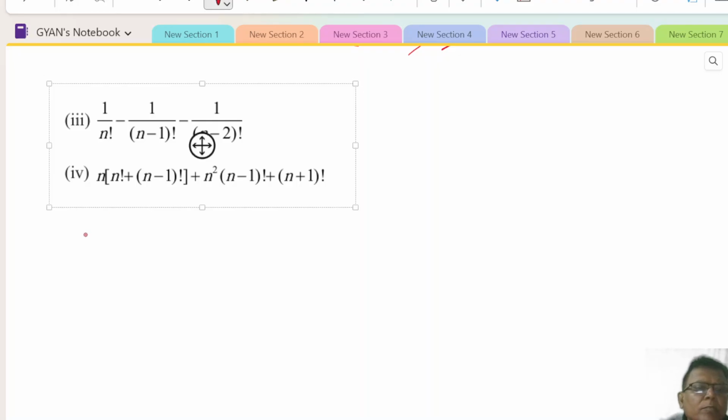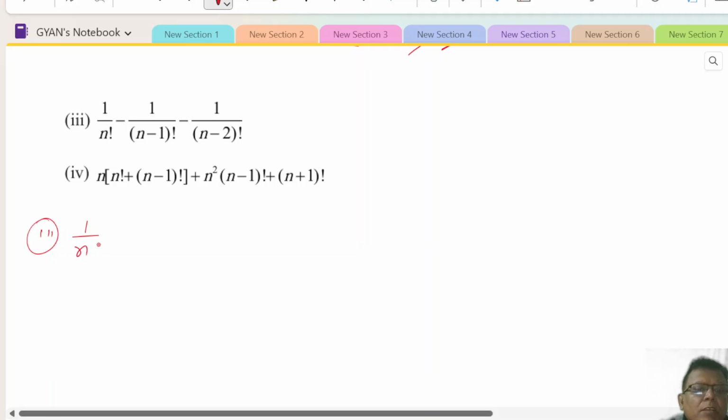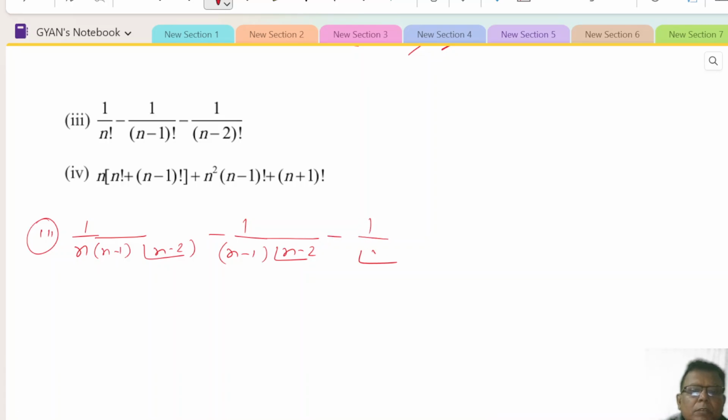Now we will solve a few more questions. We can write factorial n minus 1 and factorial n minus 2 as factorial n minus 1 into factorial n minus 2, minus 1 by factorial n minus 2.